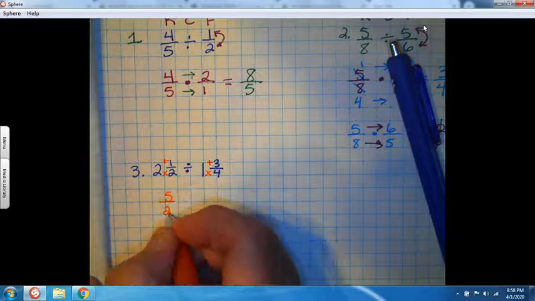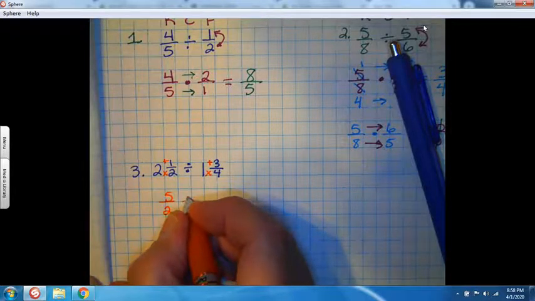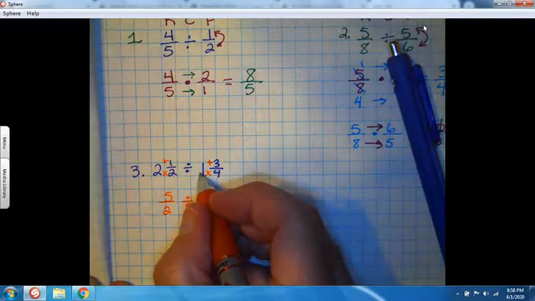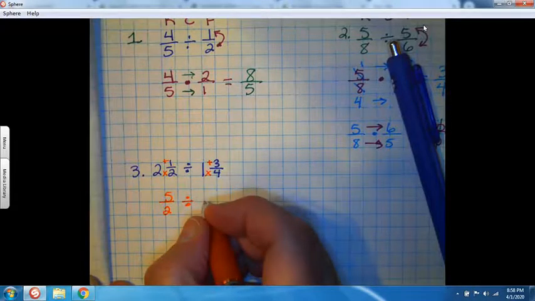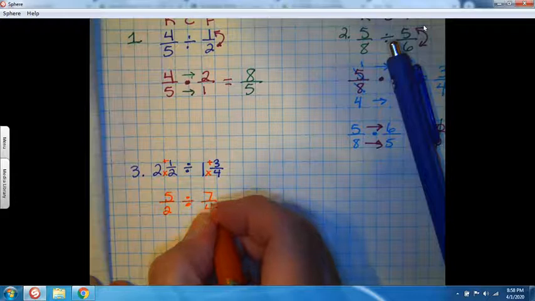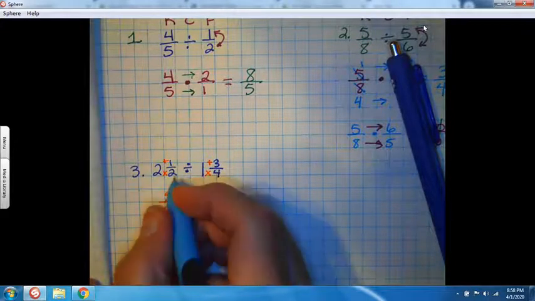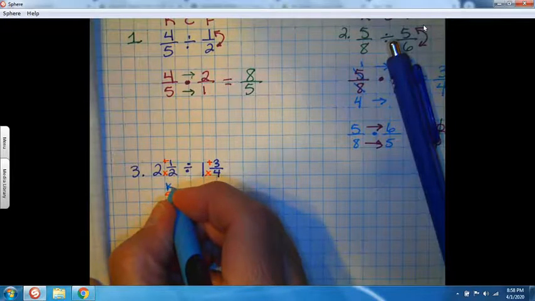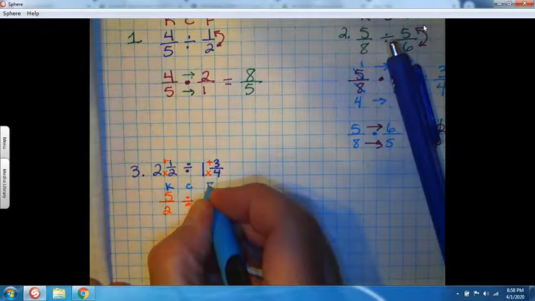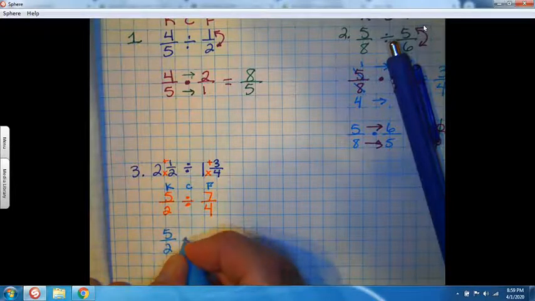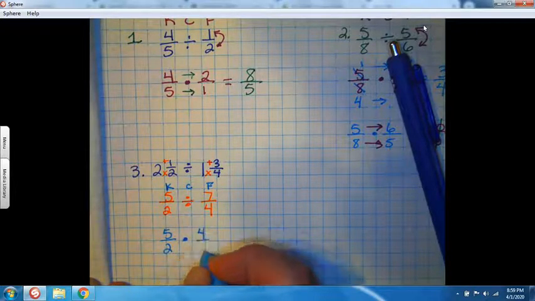Keep the denominator the same. Bring your division sign down. 4 times 1 is 4, plus 3 is 7, 7 over 4. And now do your keep, change, flip. So keep, change, flip. So 5 over 2 times 4 over 7.